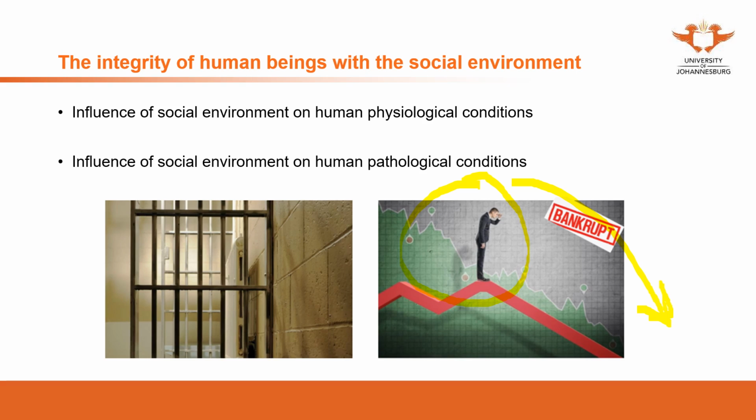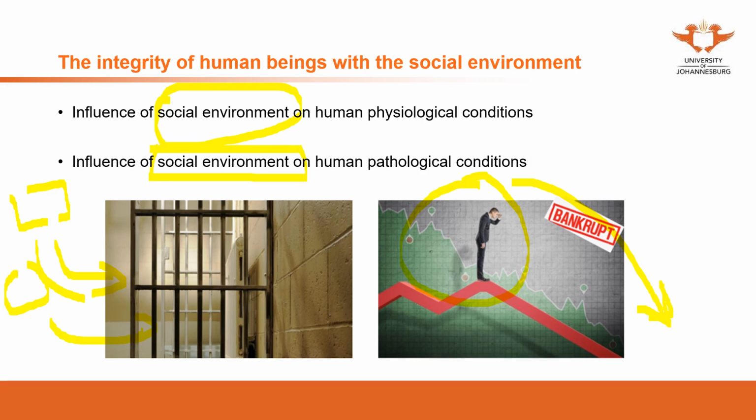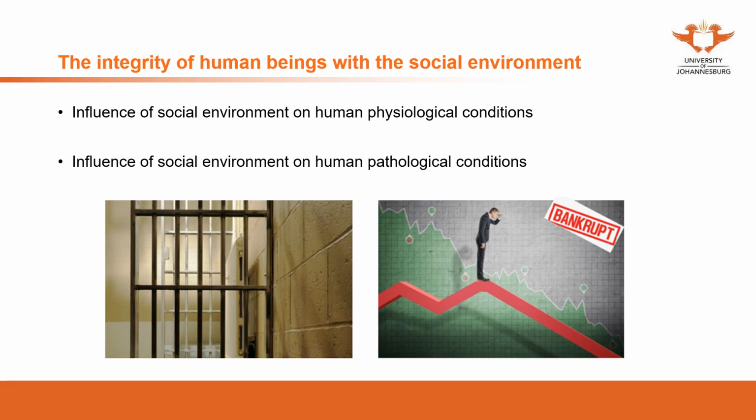So you can think about this, the social environments. Another example is this. A person commits a crime. They are put in jail the second day. You can imagine the emotion changes from a free person to a prisoner. So these are all the social environments. So these are going to affect our human health.